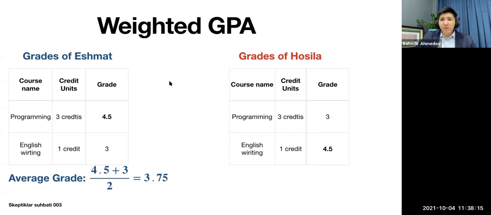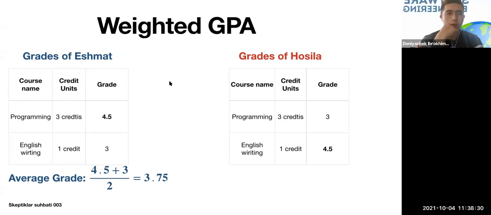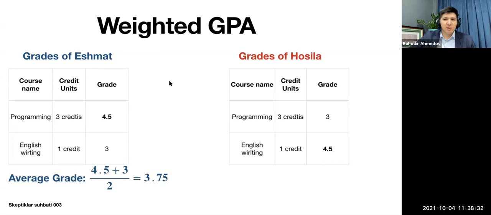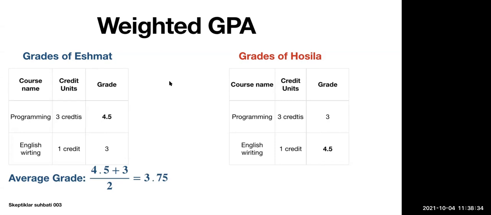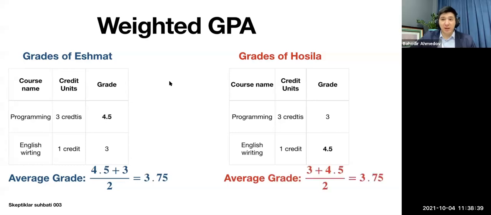So if we simply calculate the average of the grades for Ahmath and Hasila, what would be the average grade for Ahmath? 3.75. What is going to be the average grade for Hasila? 3.75 as well, right? Because we just add the grades and then divide by 2, okay?